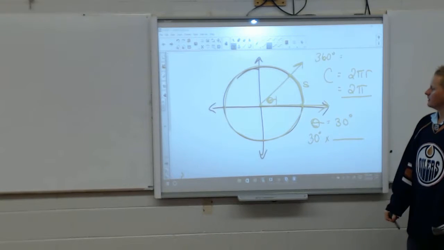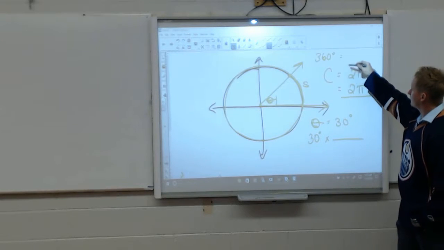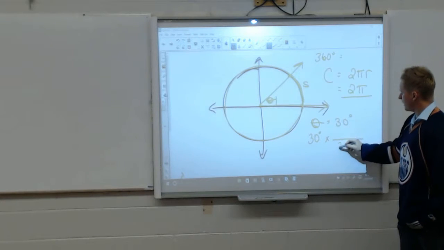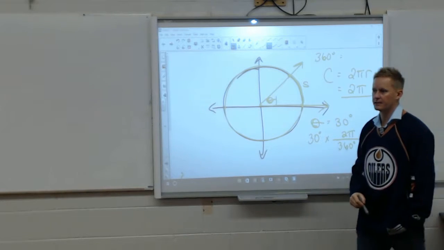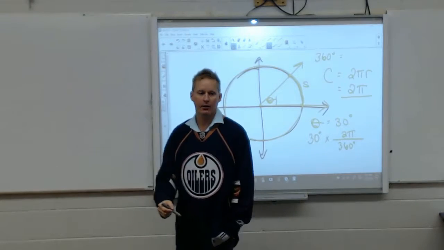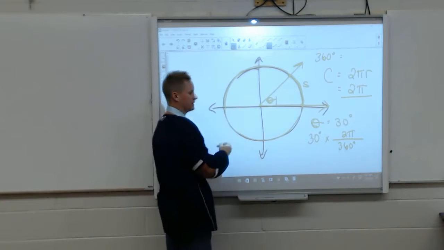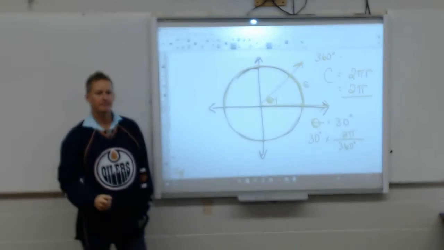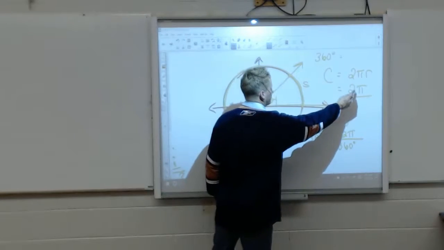So normally what I could do is go 2 pi over 360 degrees and I can convert it. However, what is the distance from here to here in degrees? 180 degrees. So that's half of 2 pi.